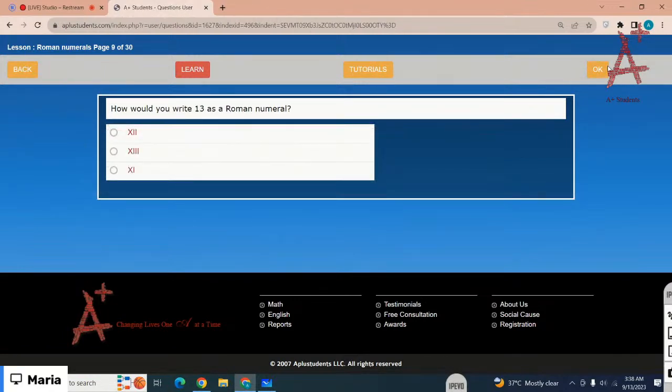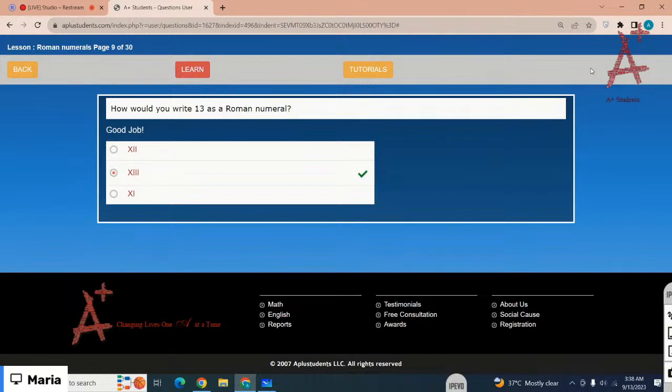How would you write 13 as a Roman numeral? So which is the correct option? How would you write 13? X is for 10 and then you have to add 3, right? So that would be the second option.